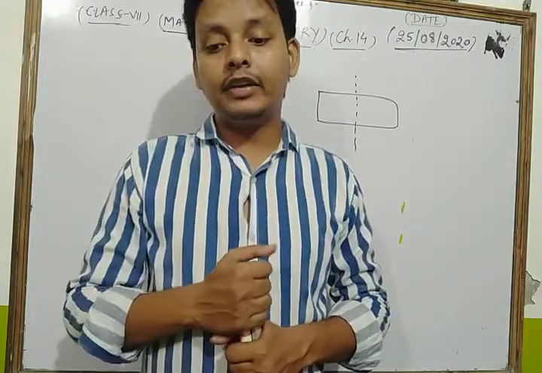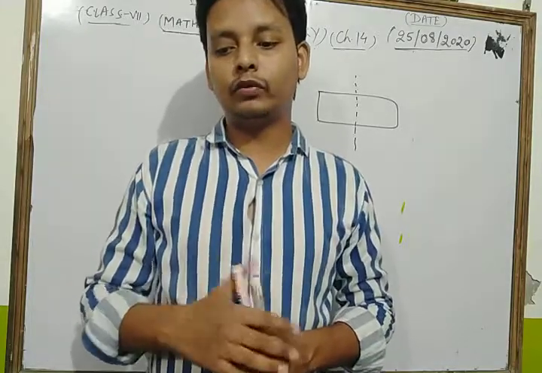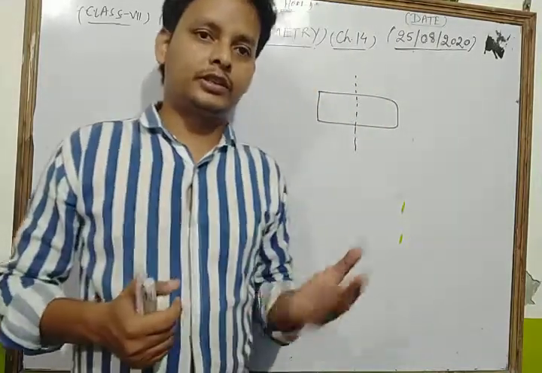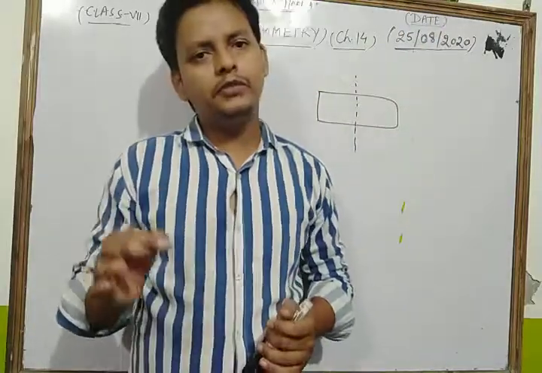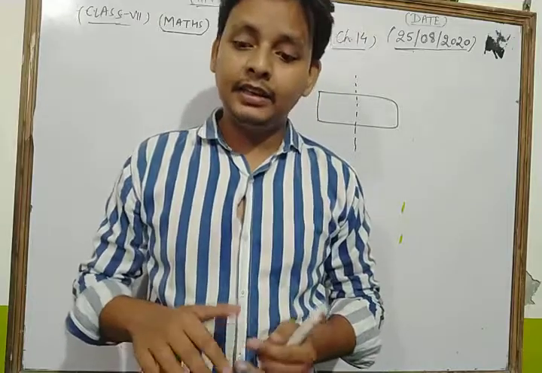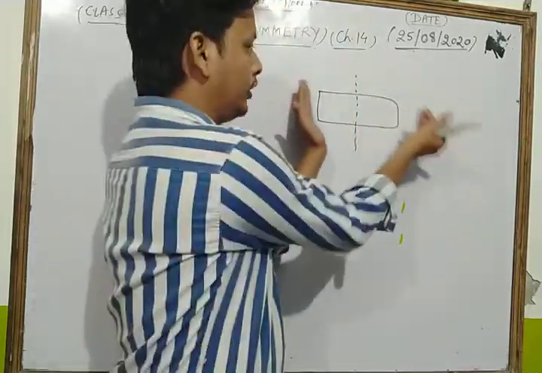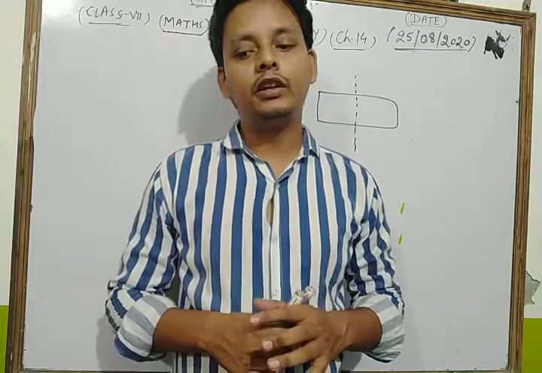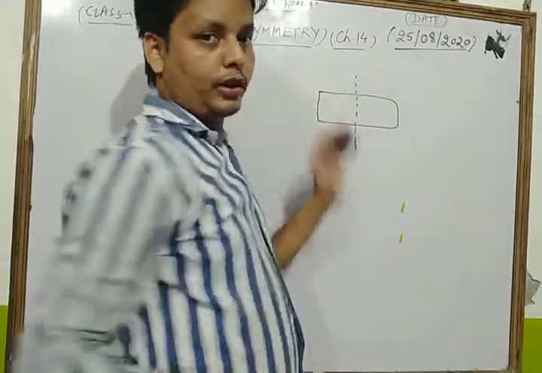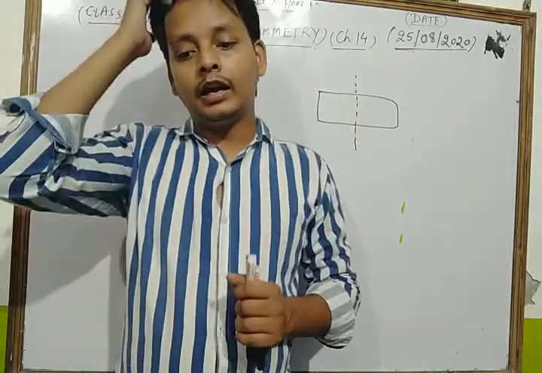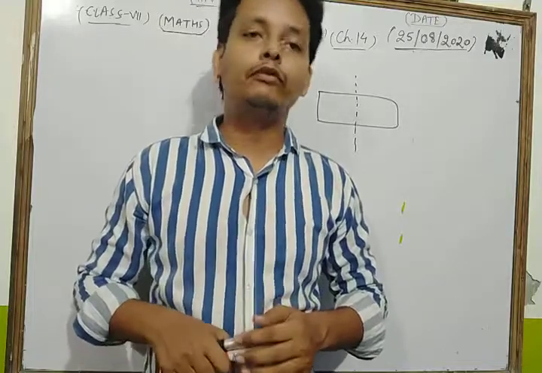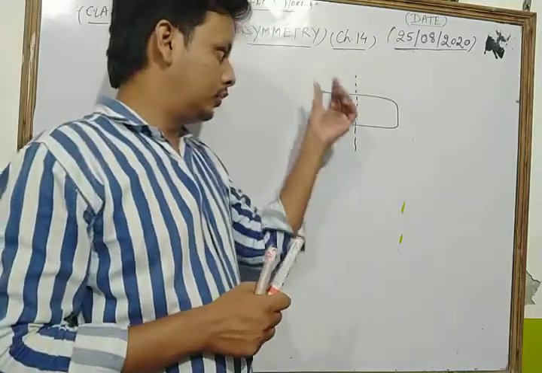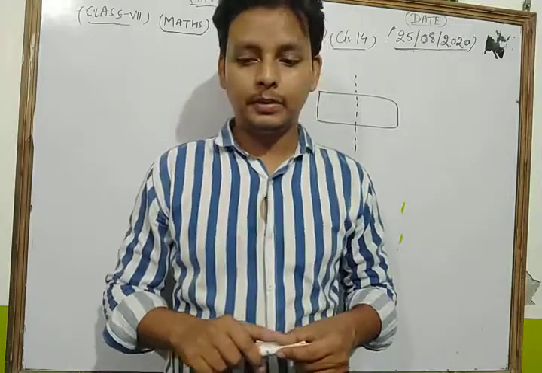A figure has a line of symmetry if there is a line about which the figure may be folded so that the two parts of the figure will coincide, meaning they are superposed on each other. So it is said that a figure has a line of symmetry.